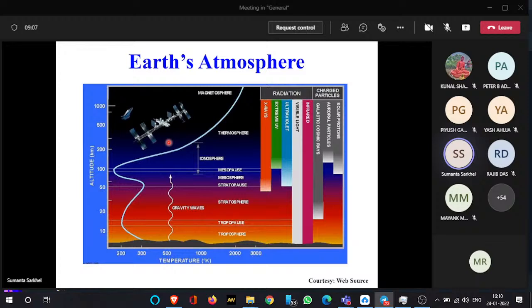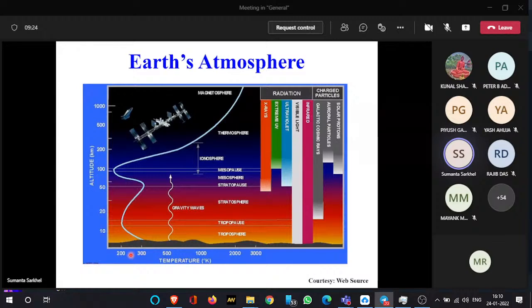So in general, atmosphere can be divided based on the variation of temperature. In the x-axis, we have plotted temperature, and in the y-axis, as I told, altitude. In the troposphere we have the ground and all the mountains, and the troposphere goes up to about 15 kilometers or so.